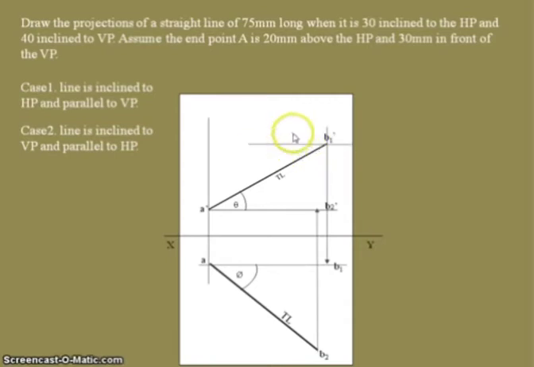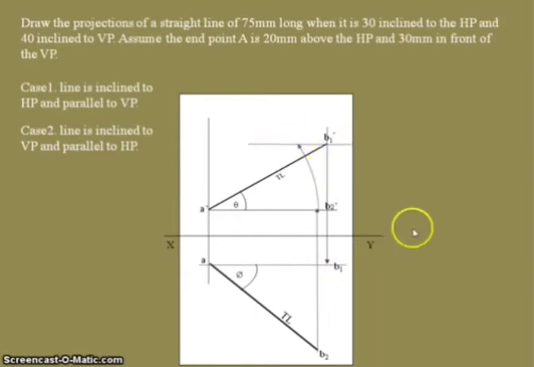So how will you get the end point B dash? We need to take the front view of the second case as reference. Front view means here A dash B2 dash is the front view for the second case. So take A dash to B2 dash as radius, then draw a curve like this. You will get an intersecting point here on the locus line.